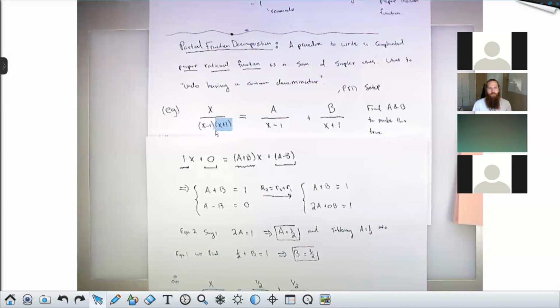But if this term was squared, like x plus 1 quantity squared, things would be a little bit different. Or if the denominator contained an irreducible quadratic factor, a quadratic that could not be factored into two linear terms, that would also complicate things.